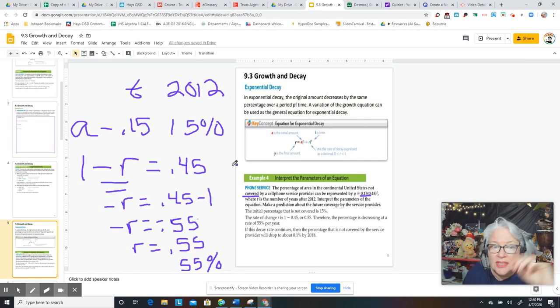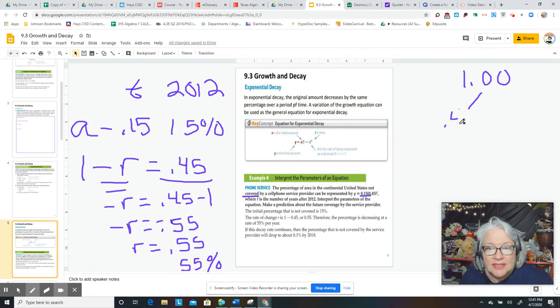You do not need to go through all these steps. If you can just think it out, ask yourself, if I took 45% out of a whole, what is left? 55% is left. I like to think of money. I have $1. If I paid 45 cents for something, what am I going to have left? 55 cents. So instead of doing all that, there's your percentage, 55%.